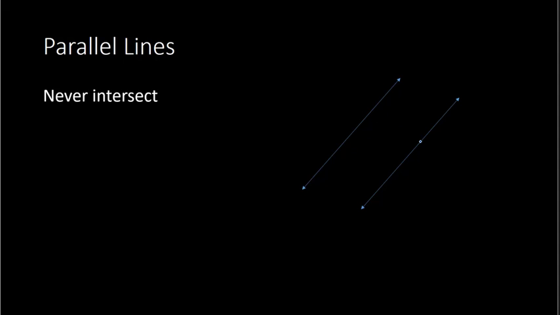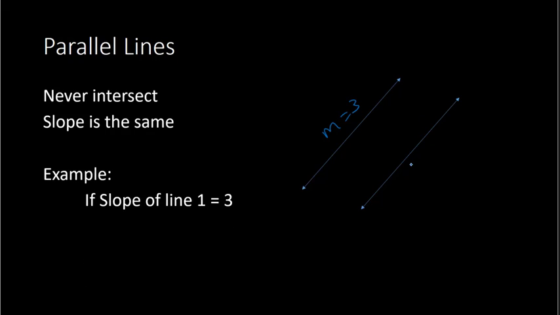Okay, so these lines are parallel. And the slopes of parallel lines will always be the same. So for example, if the slope of this line right here is 3, then the slope of this parallel line would also equal 3. So parallel lines always have the same slope.